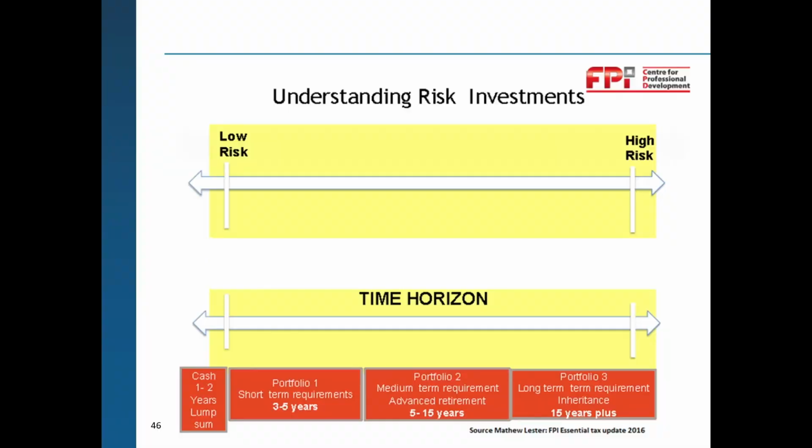Right, so this was one of the slides from a presentation that Matthew Lester did for the FPI back in 2016, where he was illustrating how capital should be divided into different sub-portfolios based on the investment time horizon. So you're going to allocate a portion into cash, and that's where you're going to be drawing your income from. Sub-portfolio number 2 is capital that you're going to start needing in 3 to 5 years' time. Portfolio 3, 5 to 15 years' time, and so on.